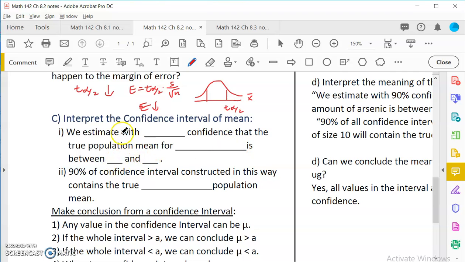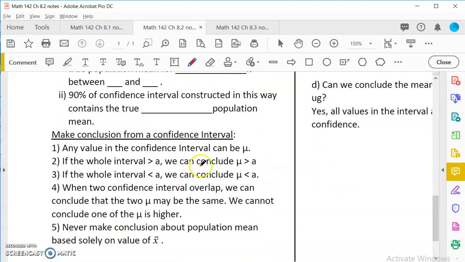You have to quote the confidence, and that the true one is between. The other way to interpret it is, if I collect confidence intervals this way, 90% of the time the true mean would be in the interval. Sometimes you don't include it because it is only 90% confidence.